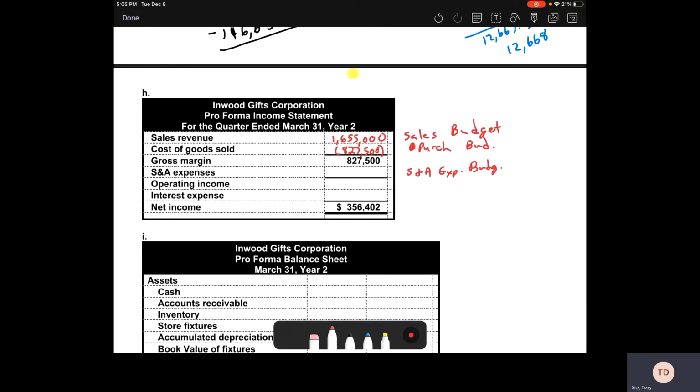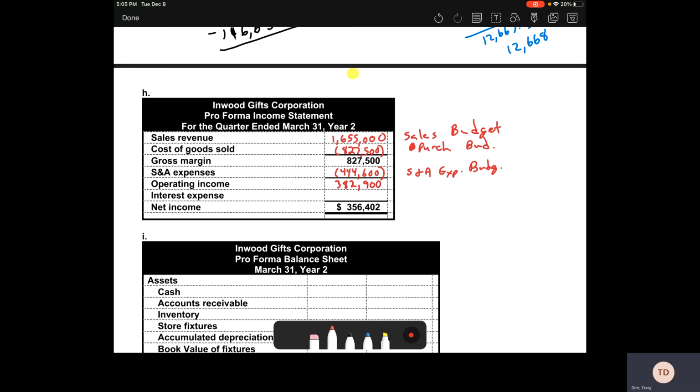Again, that's an expense, so that's going to be a negative here. When we complete that, we find our operating income when we do that subtraction. We find that our operating income is 382,900.